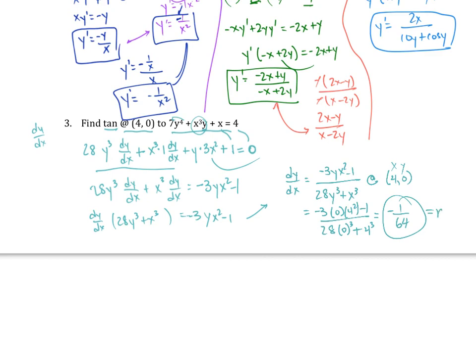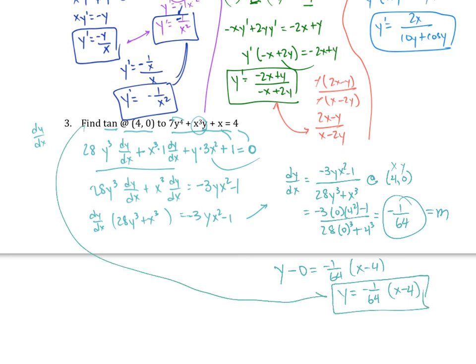And that is my slope. So now I can use that slope and finish writing the equation: y minus y1, which is 0, equals negative 1/64th times x minus x1. So that just yields y equals negative 1 over 64 times x minus 4. And there is the equation of my tangent line to this function.